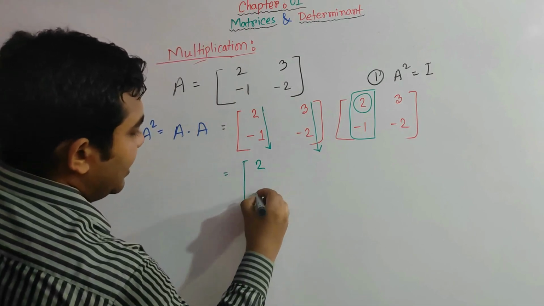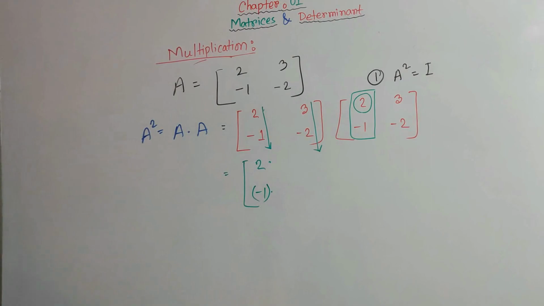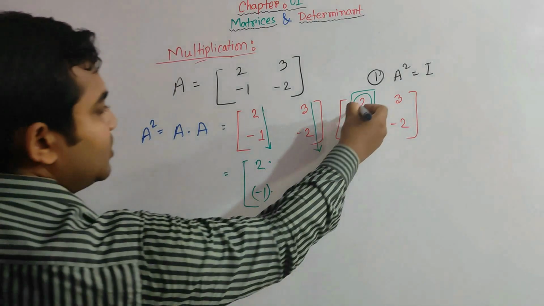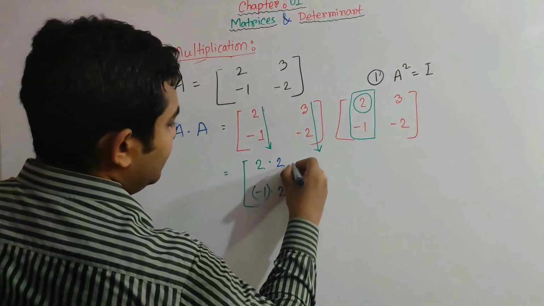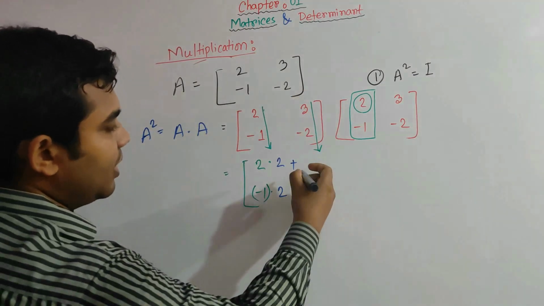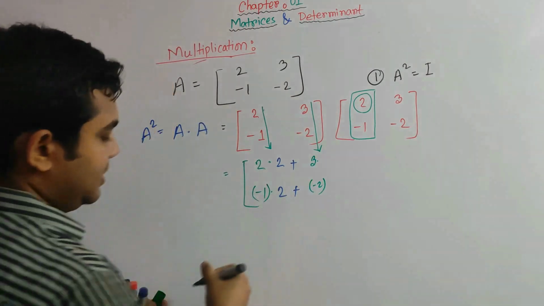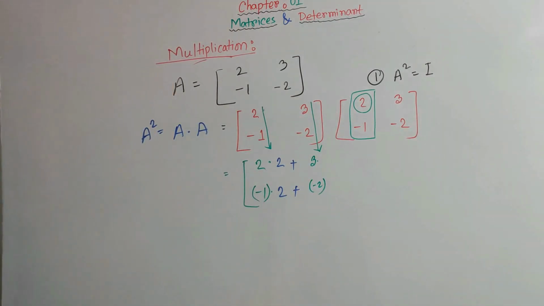So 2 and minus 1 should be multiplied with what? Should be multiplied with, tell me exactly, 2, plus what do we have to write? We have to write 3 and minus 2, that is this column, must be multiplied with what? Tell me exactly, minus 1.